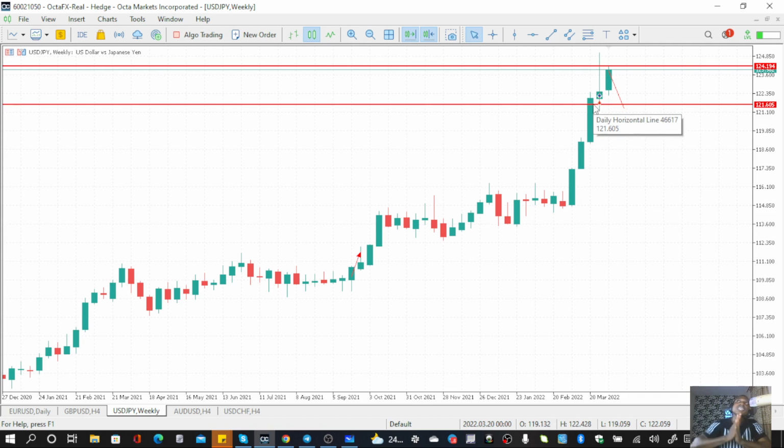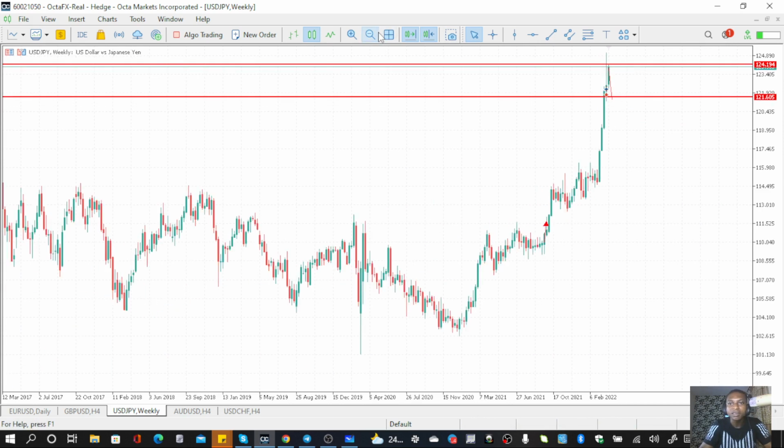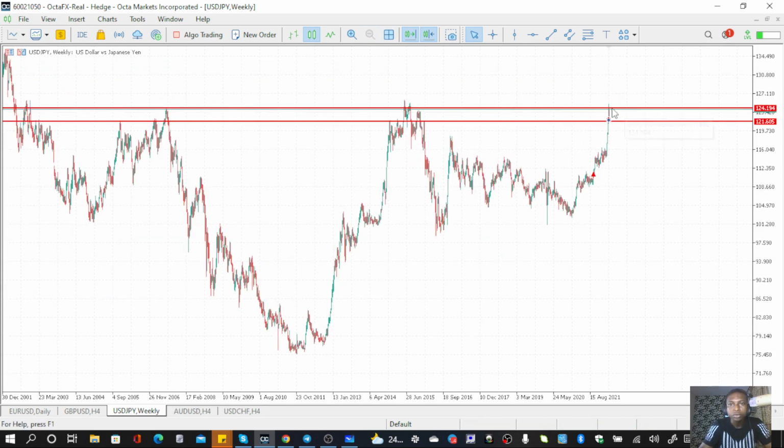But because it is at that level where it wants to break out of a sustained downtrend, we are looking at these levels. Once the price breaks out of this level and a retest is done, then we expect a bullish momentum to step in.